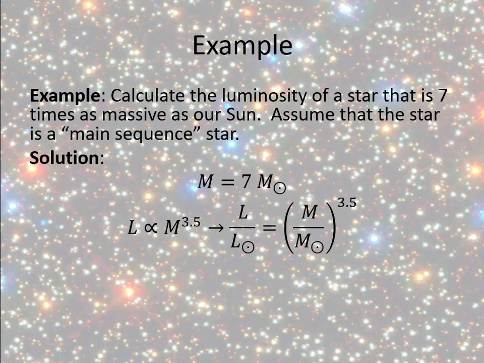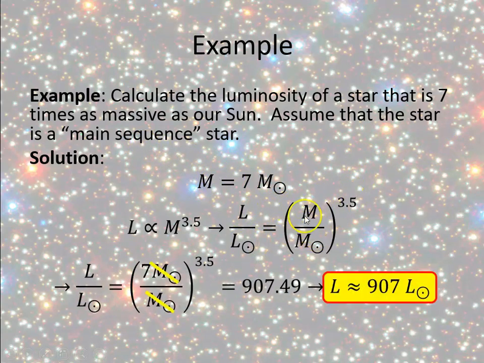Well, the luminosity of our sun is 1 solar luminosity, so we'll just compare the star with our sun. Doing the calculation, you just plug in the star's mass. The star's mass is 7 solar masses, so the solar masses cancel, and you get that the luminosity of the star compared with the luminosity of our sun is about 907, so therefore the luminosity of such a star is 907 times the luminosity of our sun.